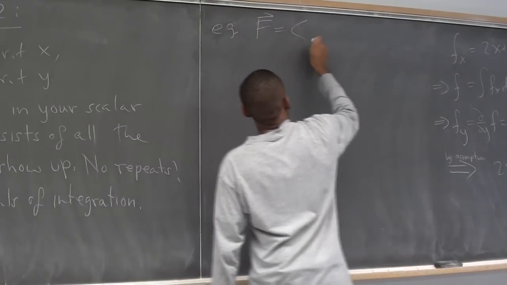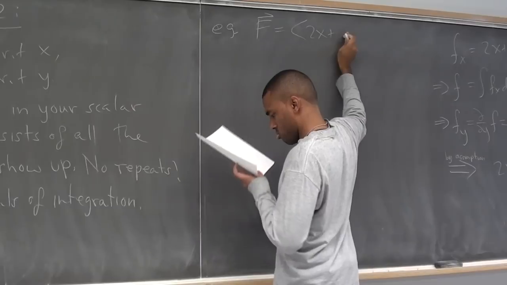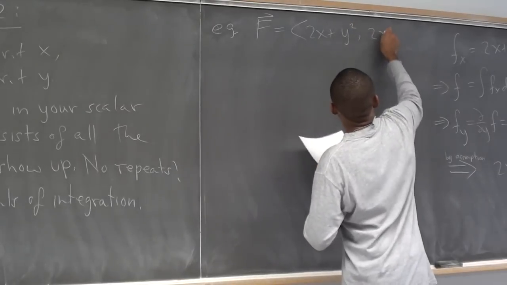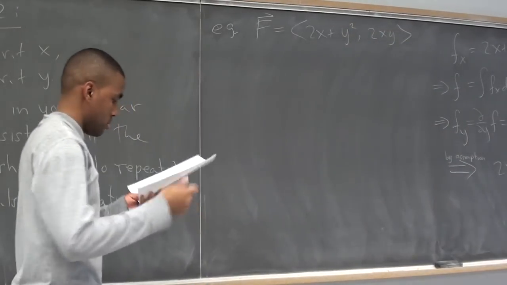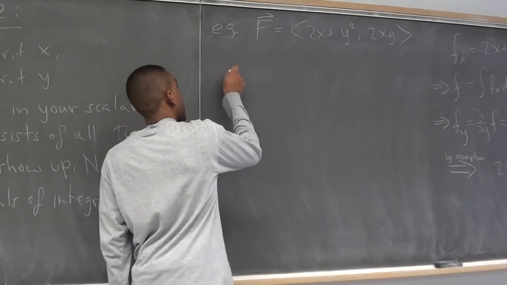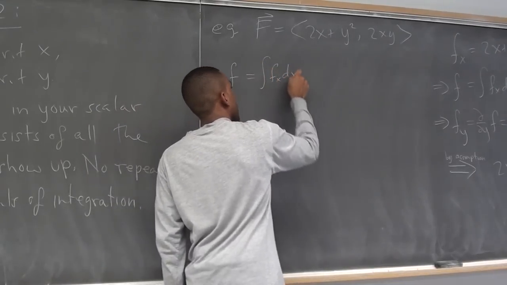So let's do the same example again. This was, what, 2x plus y squared, 2xy. Alright, so here's the thing. We know that f is equal to the integral of fx dx.